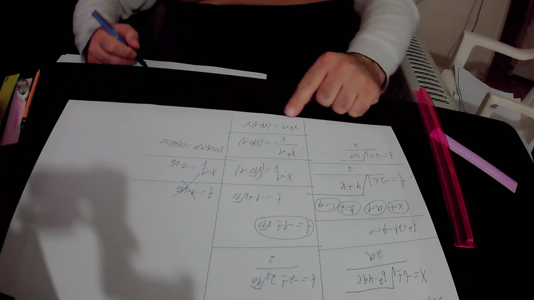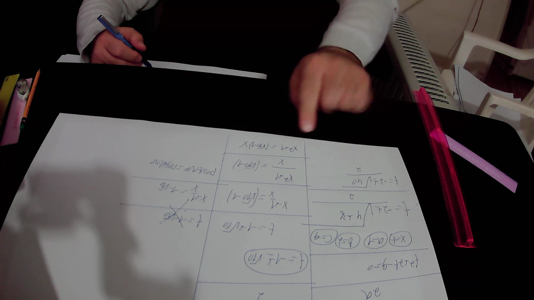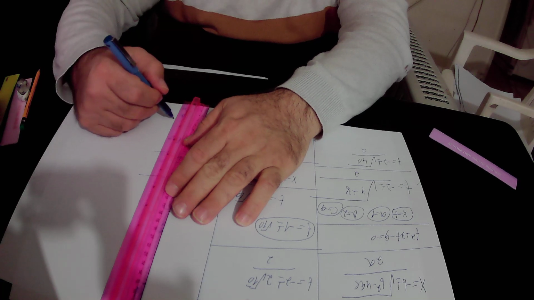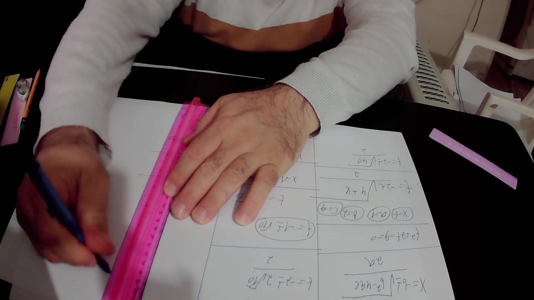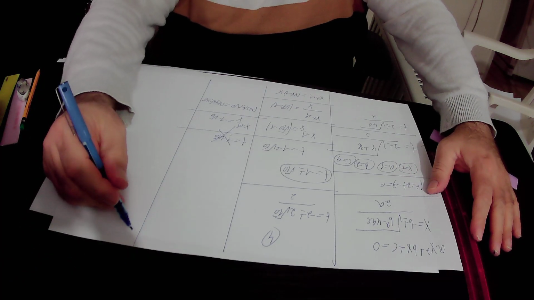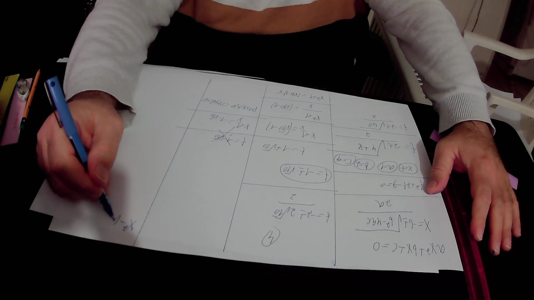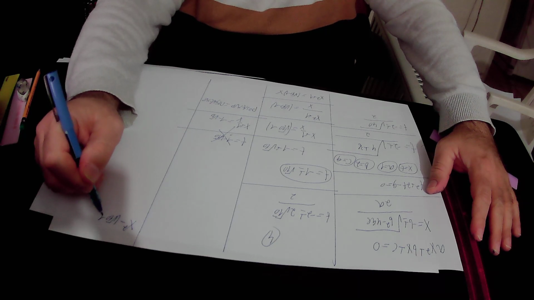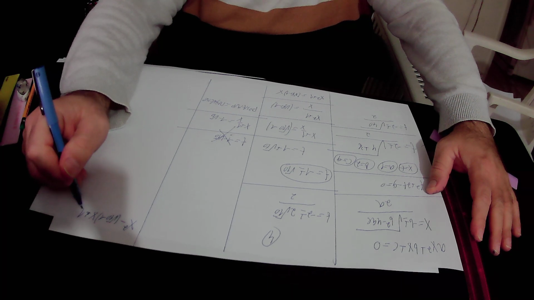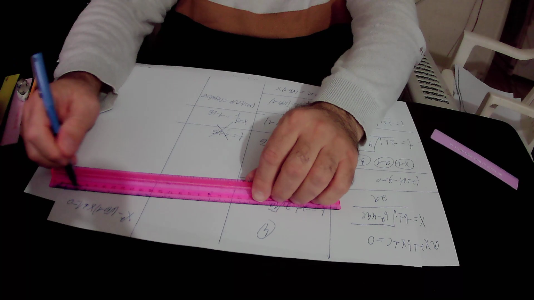Here we will subtract square root of 10 minus 1 times x from this equation, and we will get that x squared minus square root of 10 minus 1 times x plus 1 equals 0. So we got here a quadratic equation.